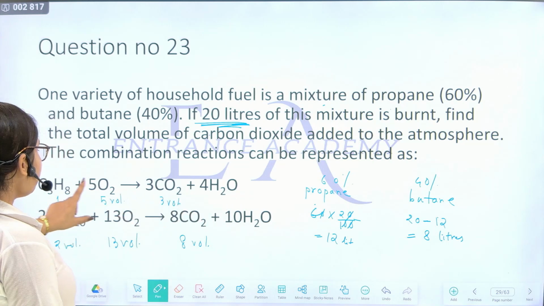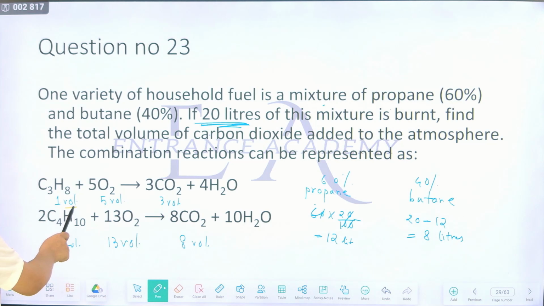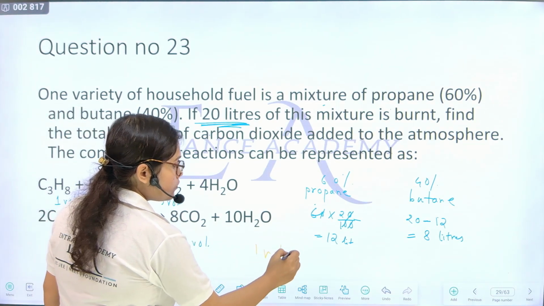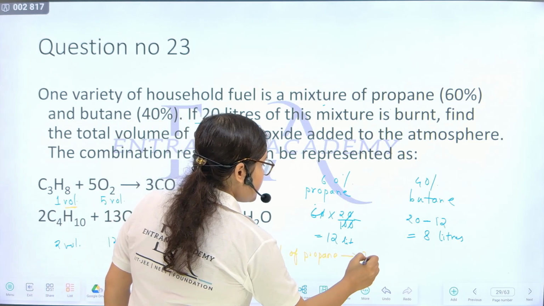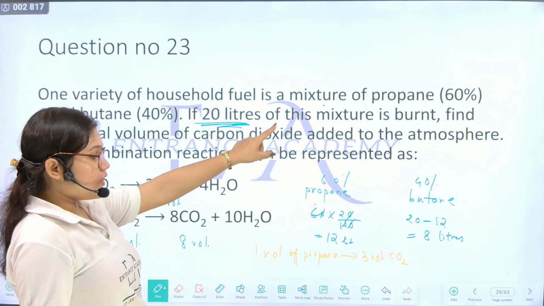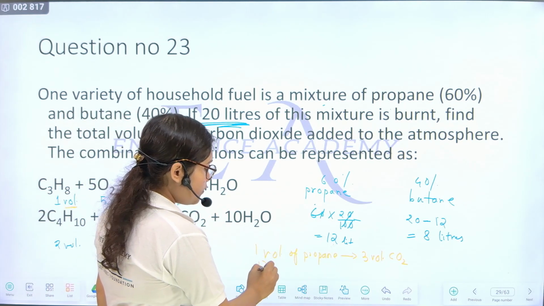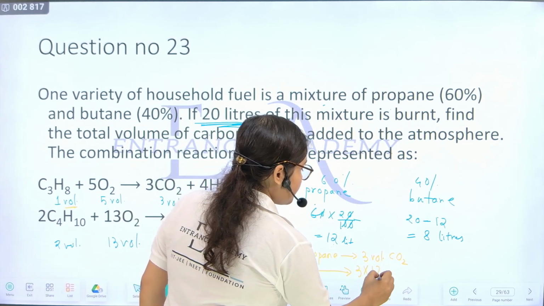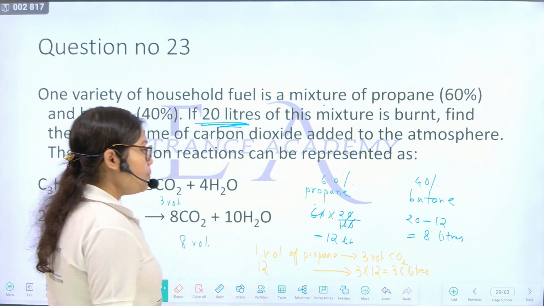So if 60% propane is there, that is 12 liters. From 1 volume of propane, we have 3 volumes of carbon dioxide. We have already calculated the 12 liters, so 12 liters of propane gives 3 into 12, 36 liters. And butane is 40%.